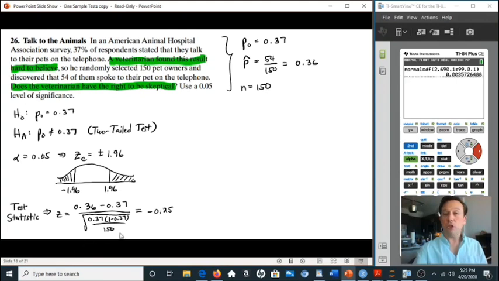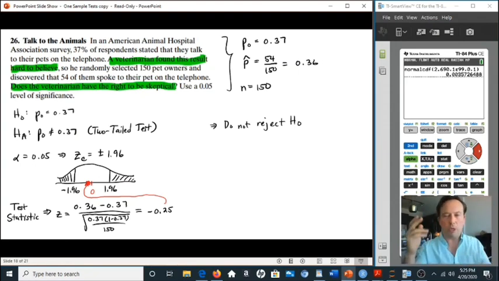So again, check it on your own, do it on the calculator on your own. Here we get negative 0.25, which is just to the left of 0. The dart is hitting H0, which means we do not reject H0. We hit the target for H0, which means we're keeping it, we're supporting it, whatever you want to call it. But in statistics, we say we don't reject it. When we mean support it, we mean do not reject it.